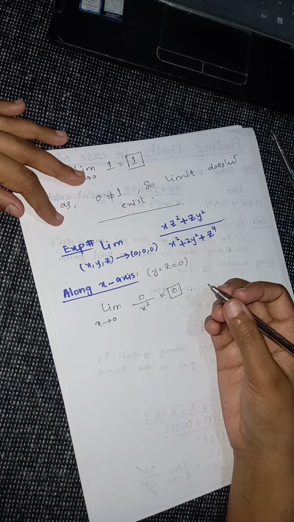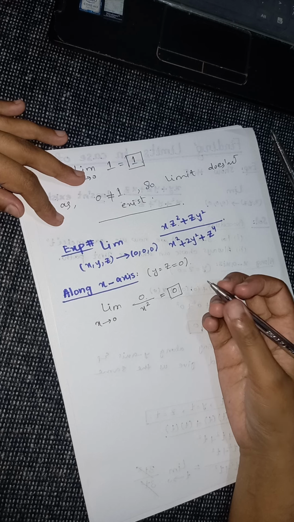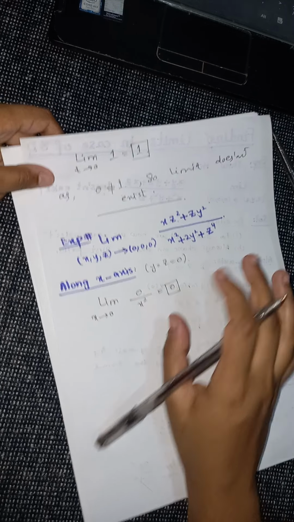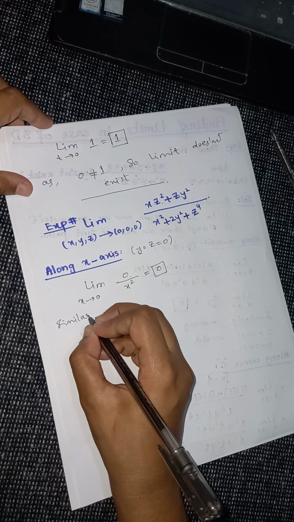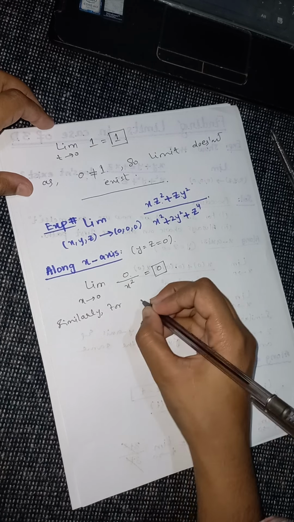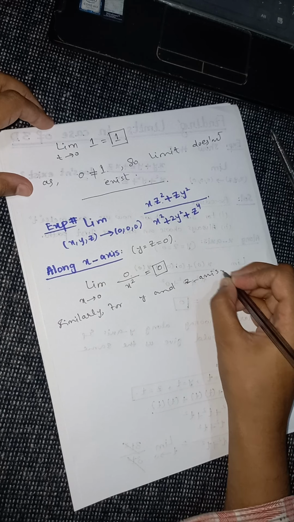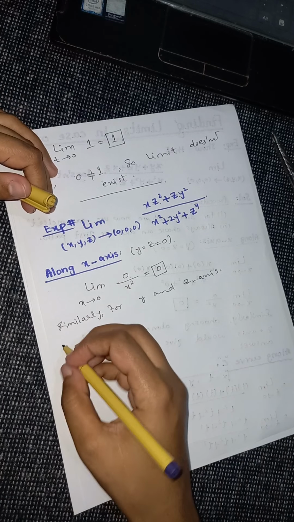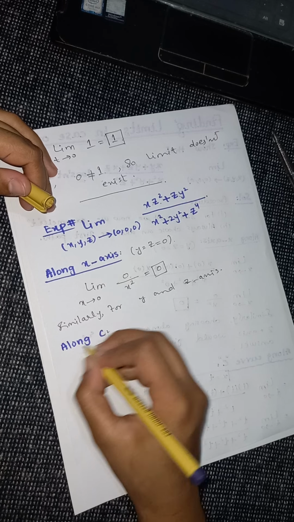And in the same way, if you choose along the y-axis and z-axis, then the answer would be the same. Let me write here similarly for the y and z axis.